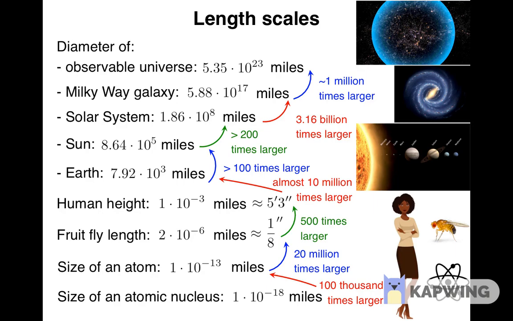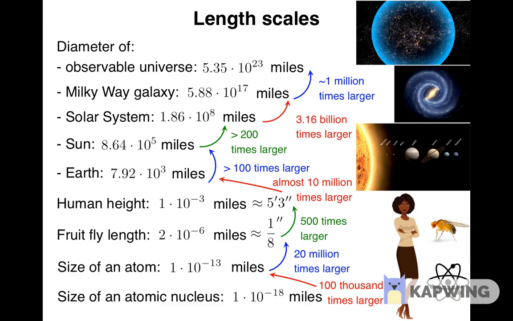Now, you might think that no one would really measure the height of a human or the size of a fruit fly in miles. One would use feet or inches instead. Why not just use parsecs to measure the sizes of galaxies and angstroms to measure the sizes of atoms? However, if we want to compare the sizes of two objects, we need to express these sizes in the same units.